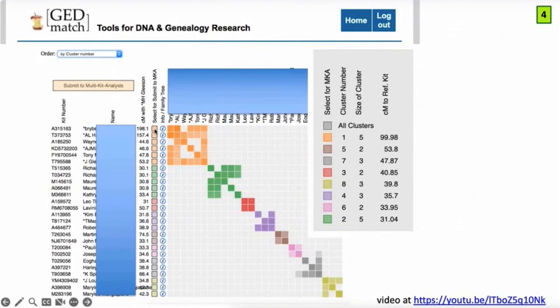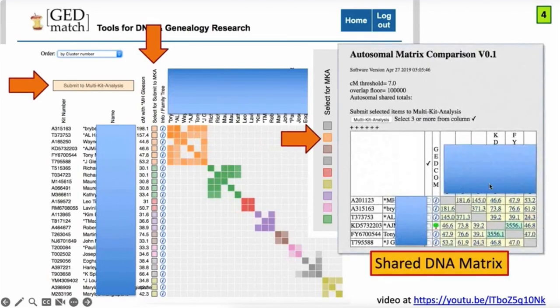If we take, say, the first cluster here, and we highlight everything in these boxes, or more simply just click on orange in the legend, it will automatically highlight all of the orange boxes. Having selected the people that we want to put into the multi-kit analysis, we click on the multi-kit analysis button, and it generates a shared DNA matrix for this particular cluster.